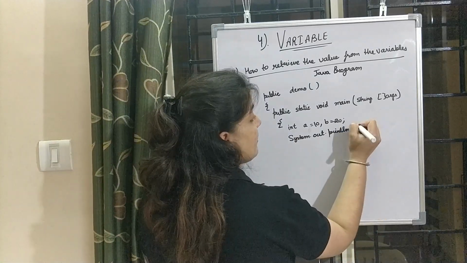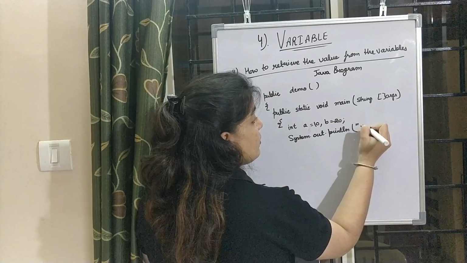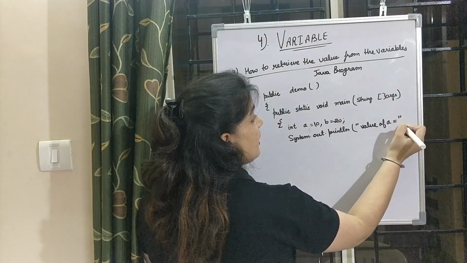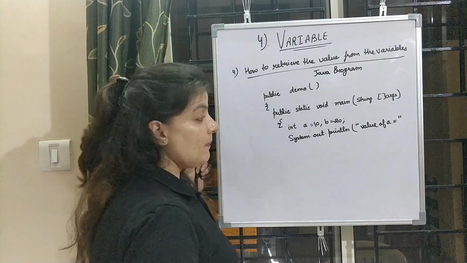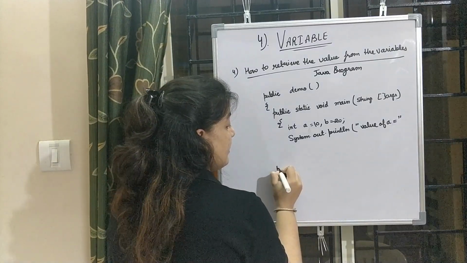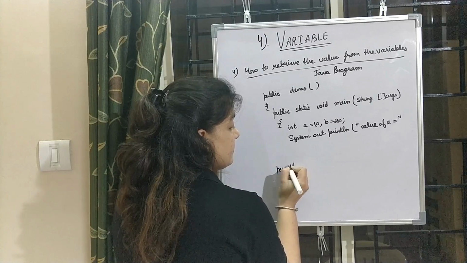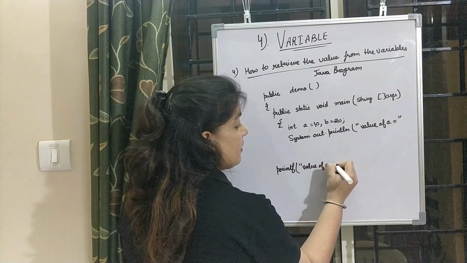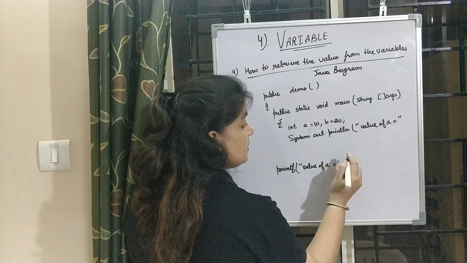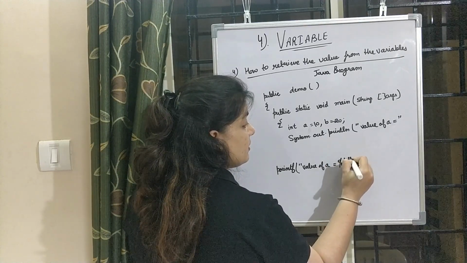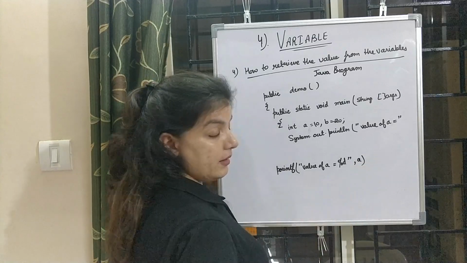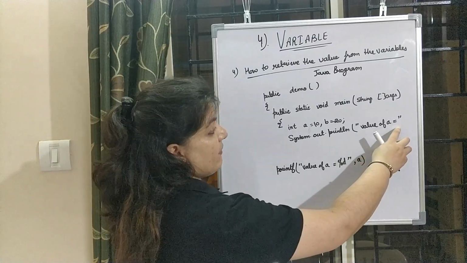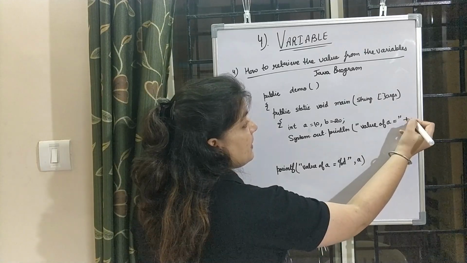We write in double quotes, "value of a is equal to". In a C program we write printf with %d and a, separated by a comma, but in Java we use a plus sign to separate this.